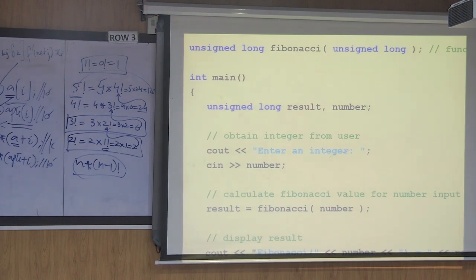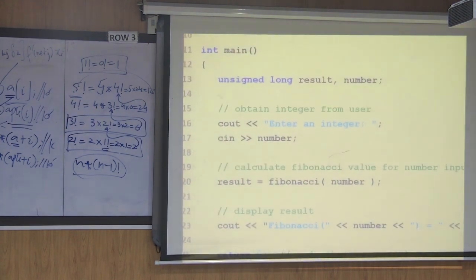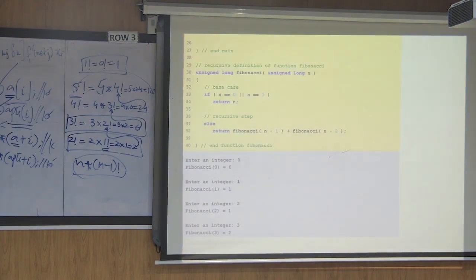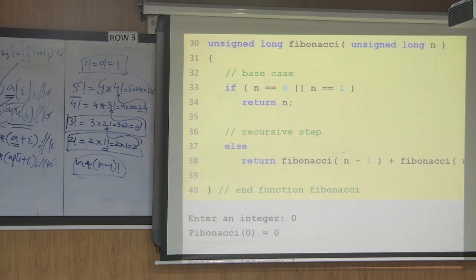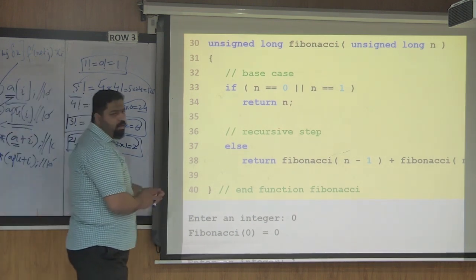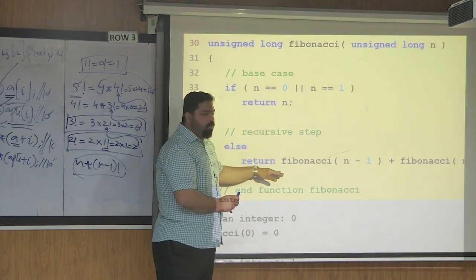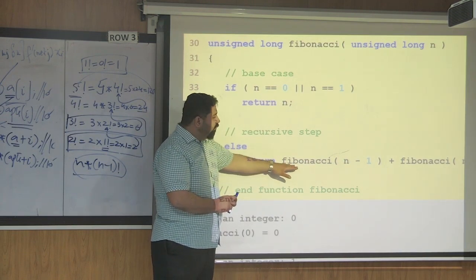So from line number 20, whatever number we have entered, the control will go to line number 30. If it's 0 or 1, return the corresponding 0 and 1 respectively. If it is neither 0 nor 1, it is 2. Then return Fibonacci of 2 minus 1.